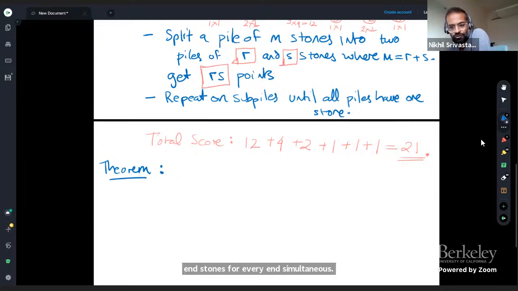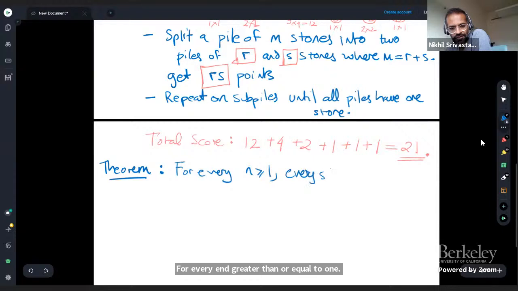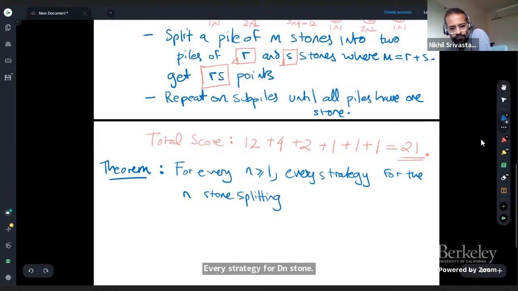So the general theorem that's true, which we'll now prove, is that for every n greater than or equal to 1, every strategy, by which I mean choice of order of splittings, for the n stone splitting game has score exactly n times n minus 1 divided by 2.